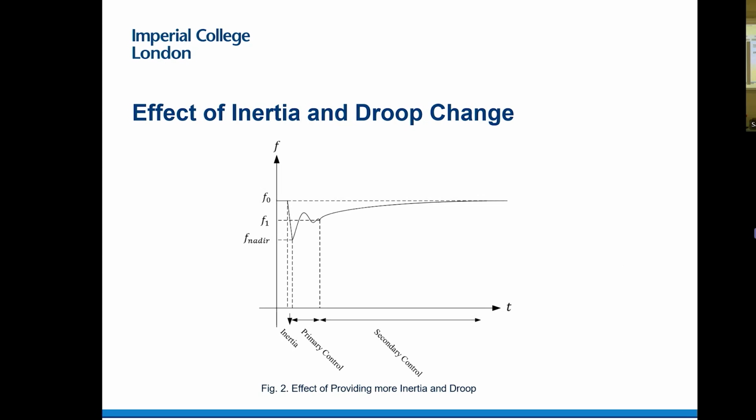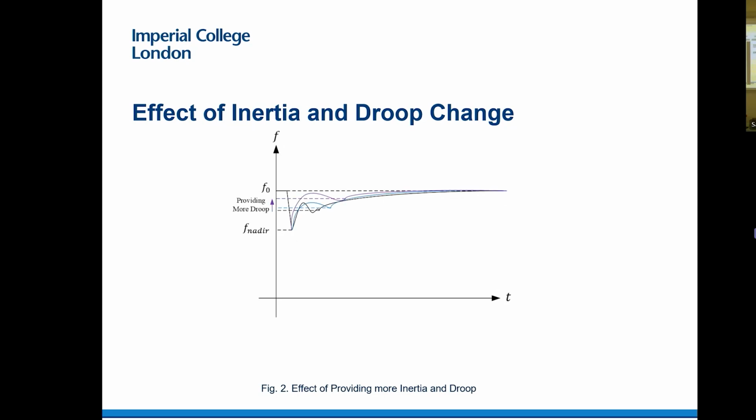You can see that in a power system, the fastest element in the frequency control is inertia. It activates in a very fast time, and it prohibits fast change of the frequency. Then there is primary control, which changes the power and frequency based on droop law. And then there is secondary control, which tries to bring the frequency back to the nominal frequency as much as possible.